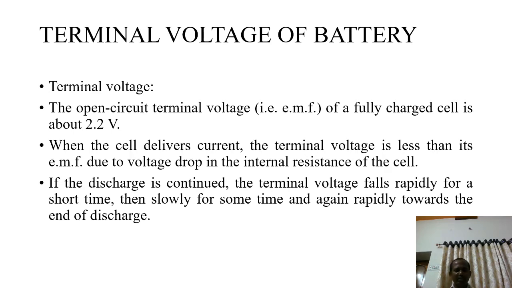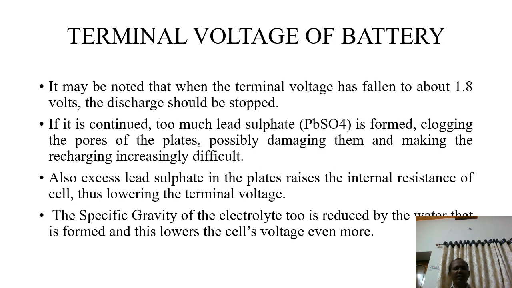Now I'm going to discuss the slide, terminal voltage of battery. It may be noted that when the terminal voltage has fallen to about 1.8 volts, the discharge should be stopped. Actually, the terminal voltage of the battery is 2.2 volts, and when it has fallen to about 1.8 volts, discharge is stopped.